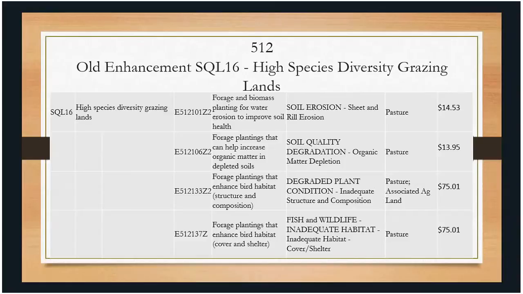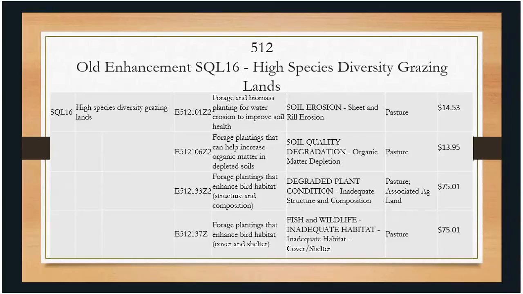All right, the next set are 4 enhancements that were attached to an old enhancement, SQL 16, called High Species Diversity Grazing Lands. These new enhancements are called Forage and Biomass Plantings for something.